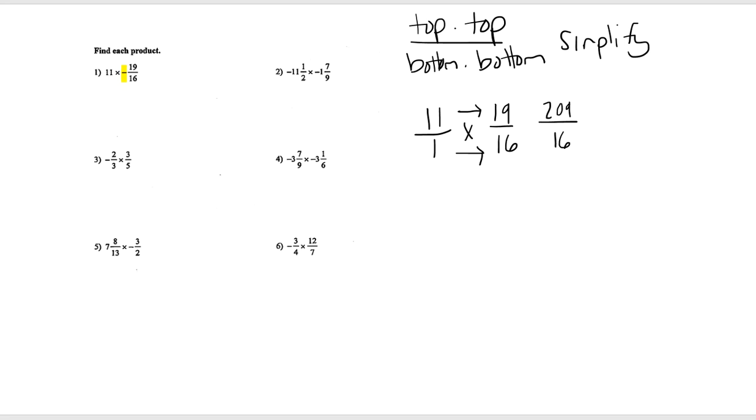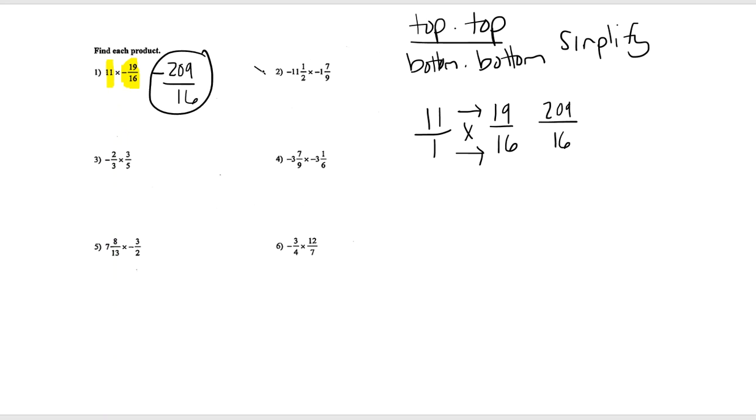And 209 is actually a prime number, meaning that its only factors are 1 and itself. So this fraction cannot simplify. Now we need to make sure that we get the right sign for our answer. In this problem, we had a positive 11 multiplied by a negative 19 over 16. And you guys know that a positive times a negative is a negative.